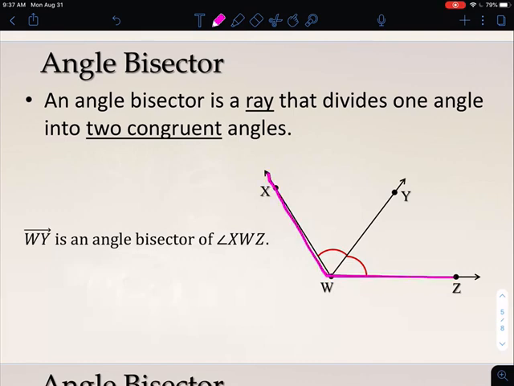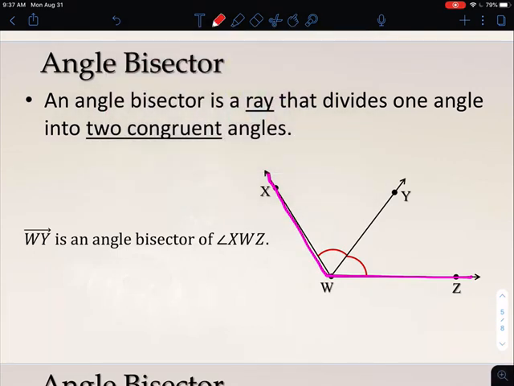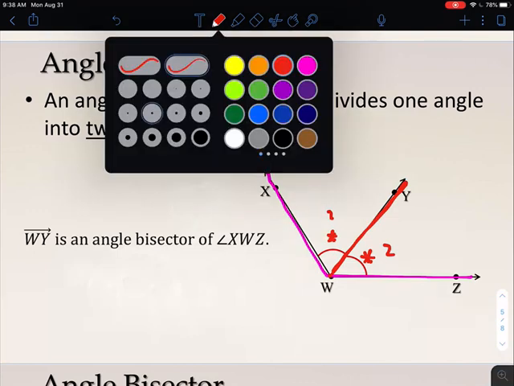So in the picture down below here, we have the angle XWZ, and then in the middle of that angle, we have this ray WY. So WY is coming out through the middle here, and note that these two markings here are telling me that the two angles created, these two smaller angles, angle 1 and angle 2 here, are congruent.